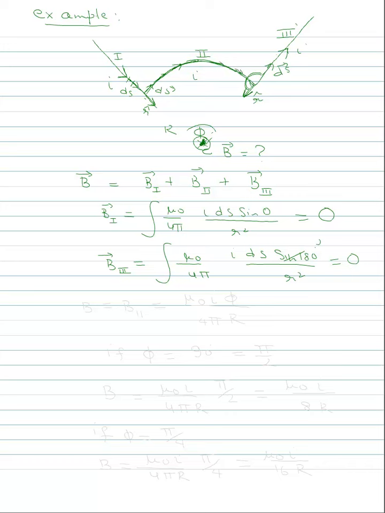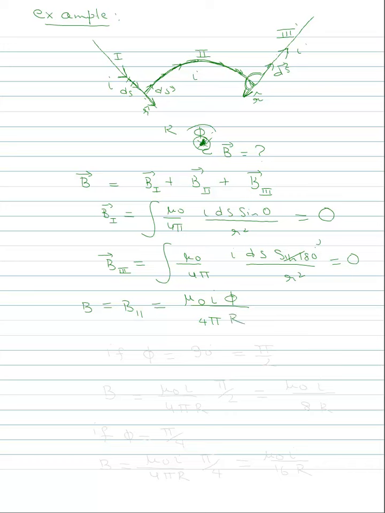And so the total magnetic field is pointing in, and its magnitude B will be just due to part 2, B2 the magnitude, and that will be something that we just found in the last part. It will be mu 0 I phi divided by 4 pi r.